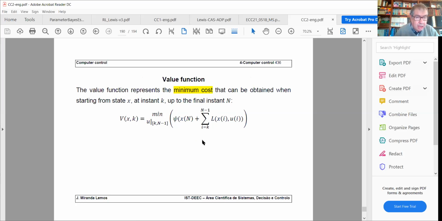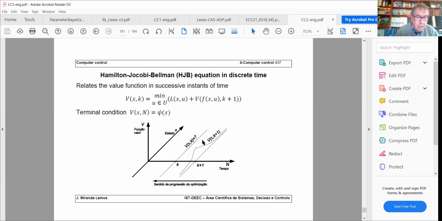Now, how can I compute the value? You do it by progressing backwards, as we did in the network example. Imagine that this horizontal axis is discrete time between 0 and N. Actually, you are operating up to N minus 1.